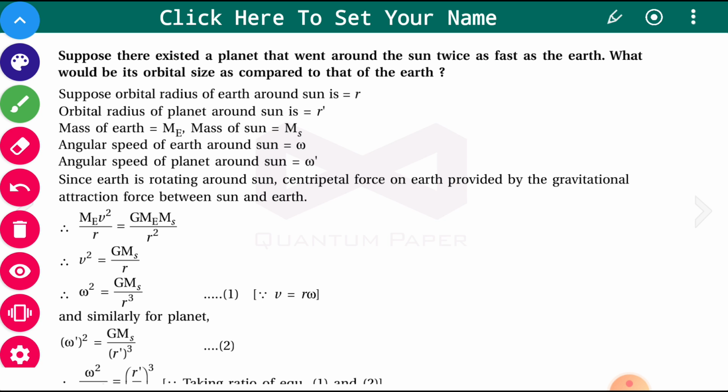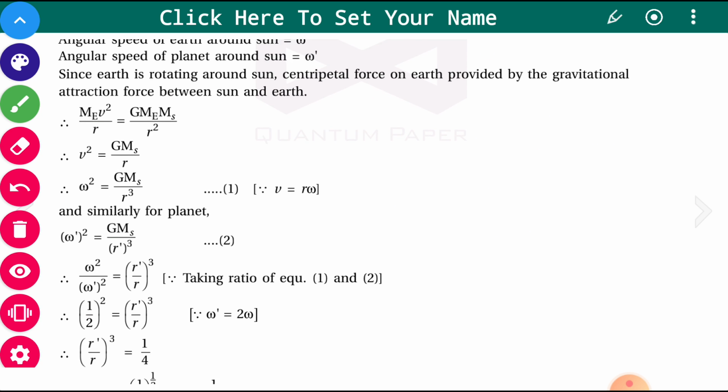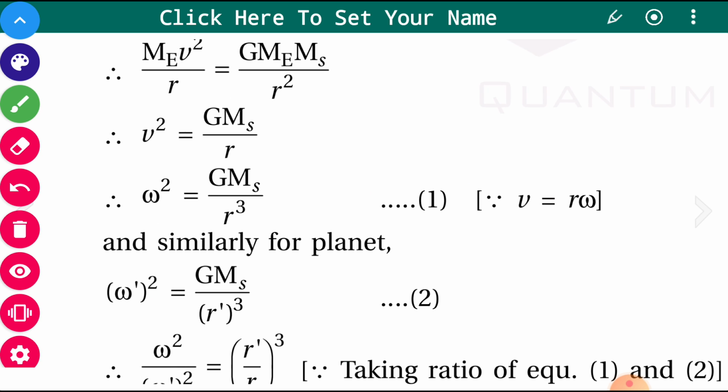Now we make v square the subject of the formula. Then Me will be cancelled out, so v square can be written as G Ms upon r, okay.